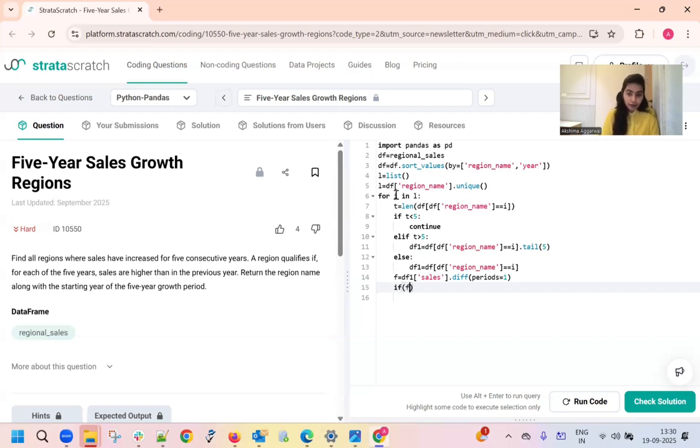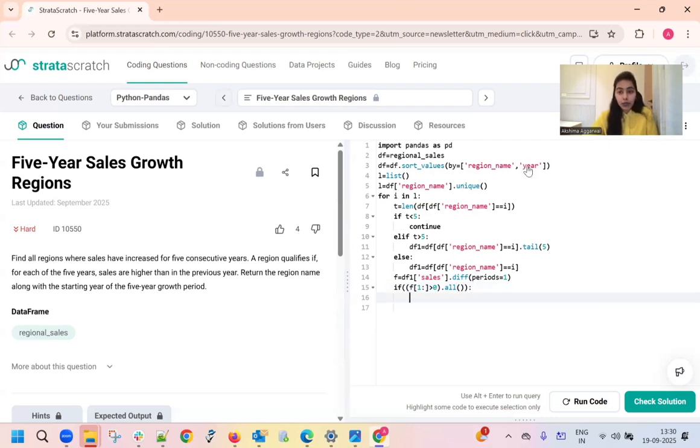So we are going to neglect the first value and consider all the values which are present inside that particular series. If all are positive, then we are going to print that particular region and its starting year.